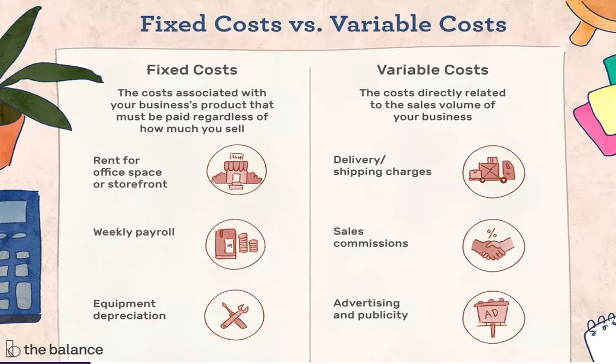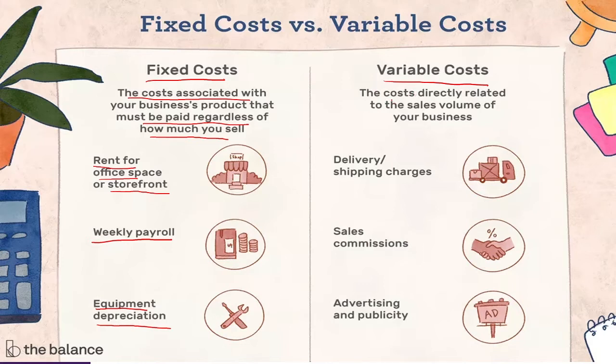So this slide shows us the difference between fixed costs and variable costs. Fixed costs are the costs associated with your business product that must be paid regardless of how much you sell. For example, rent for office space or storefront, weekly payroll, and also equipment depreciation.